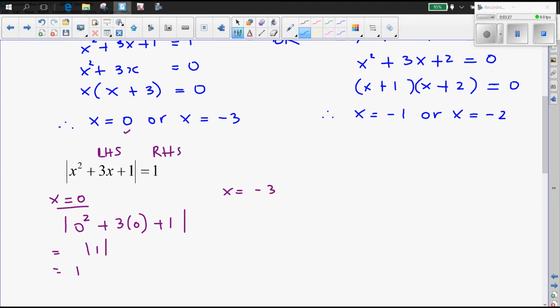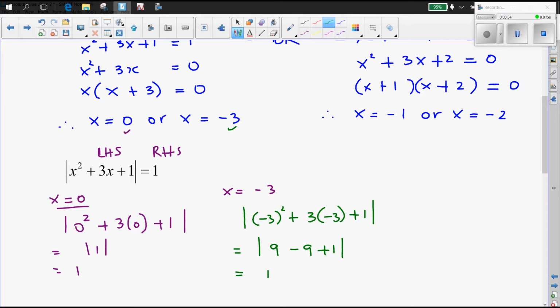I then have the absolute value of negative 3 squared plus 3 times negative 3 plus 1. This gives me the absolute value of 9 minus 9 plus 1, which is the absolute value of 1, which is 1, which is the right-hand side. So I have a valid solution when x equals negative 3.